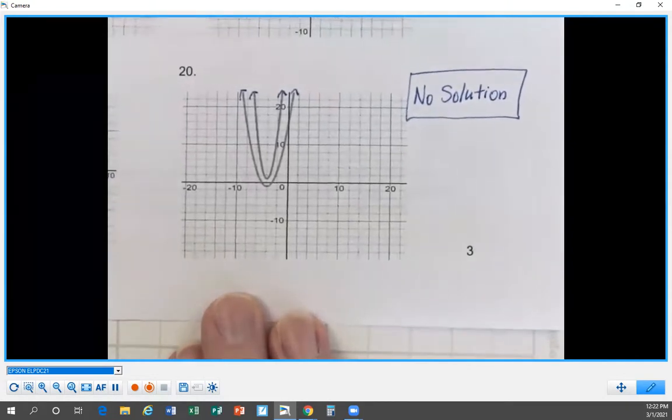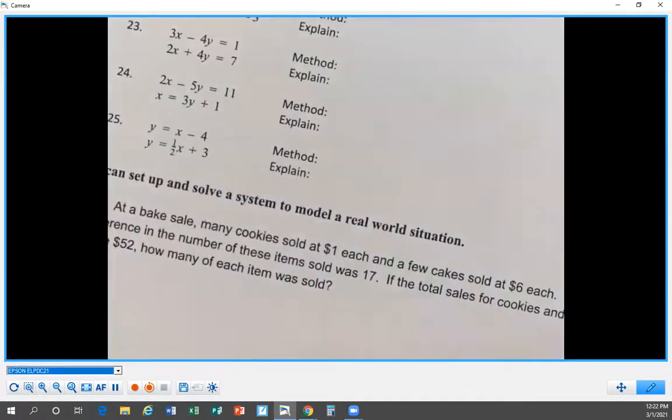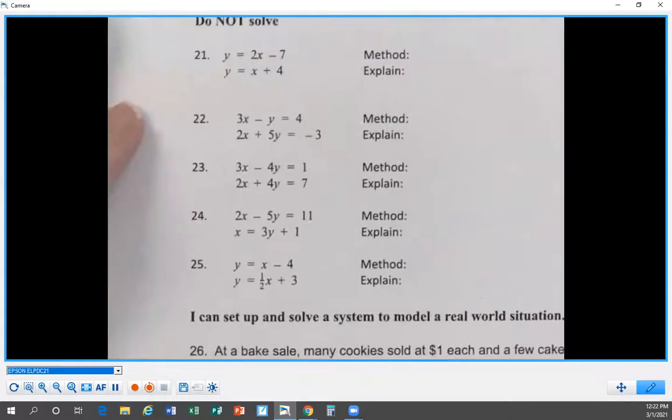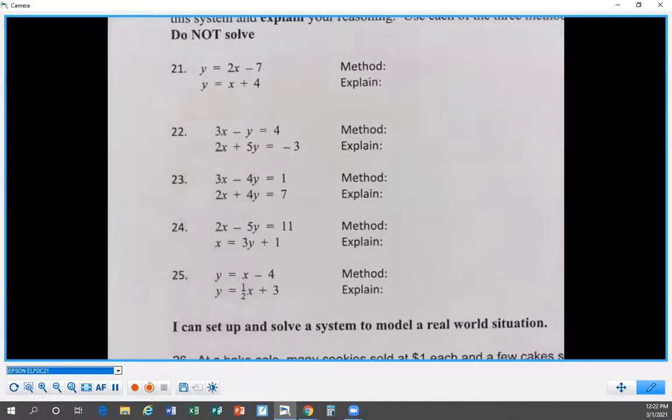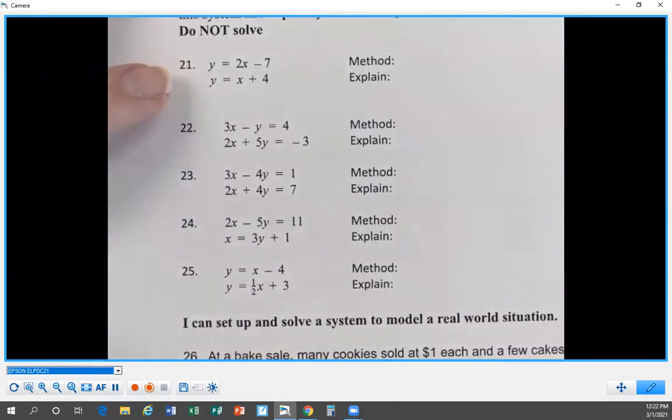Okay, the next section of review is actually from today's notes. So we're choosing a method that's most appropriate to solve and just explaining why we would choose that method. If you have both equations in slope-intercept form, you have a couple choices.